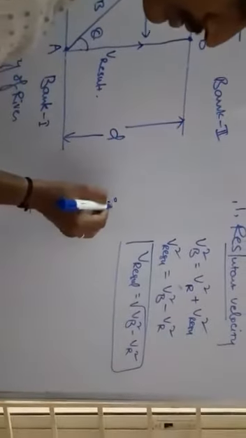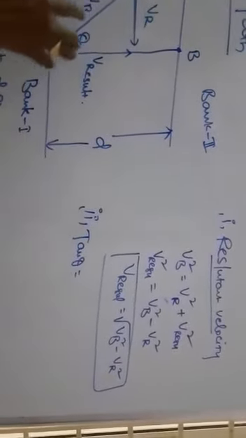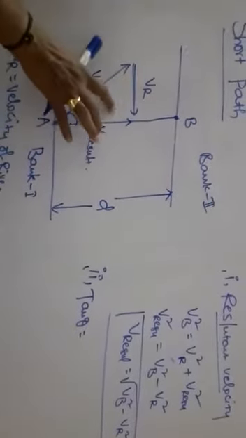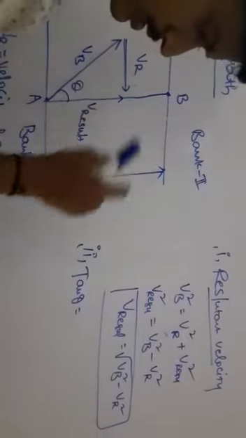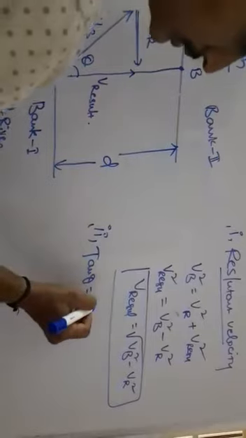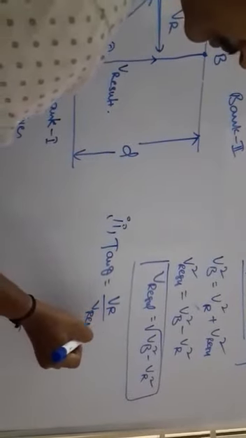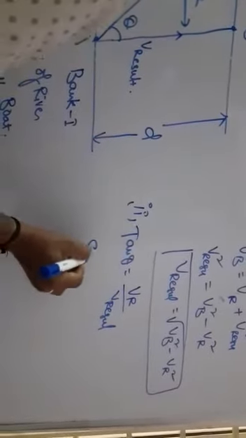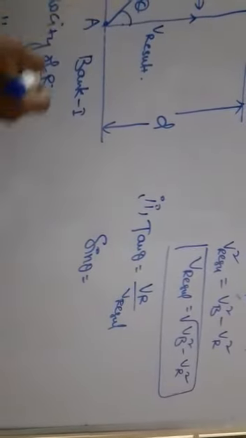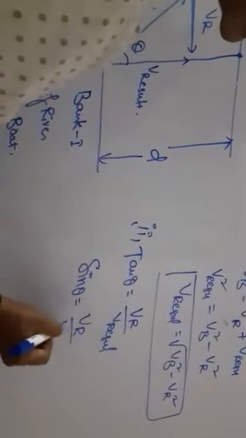Next, the angle made by the boat with horizontal: tan theta is equal to the opposite side VR divided by V resultant. In terms of sin theta, opposite side by hypotenuse, VR divided by VB.